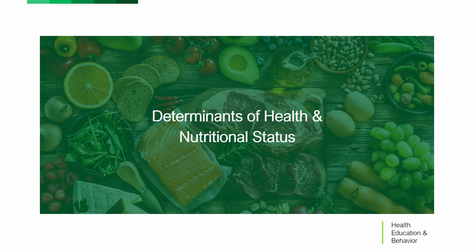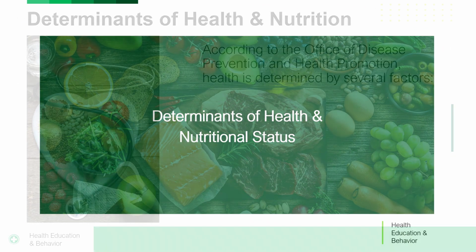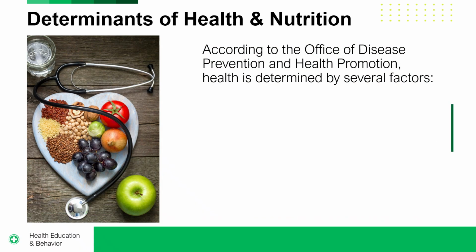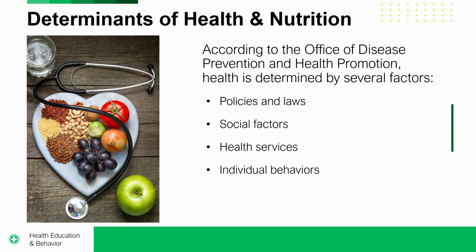Determinants of health and nutritional status. According to the Office of Disease Prevention and Health Promotion, health is determined by several factors: policies and laws, social factors, health services, individual behaviors, and biology and genetics.